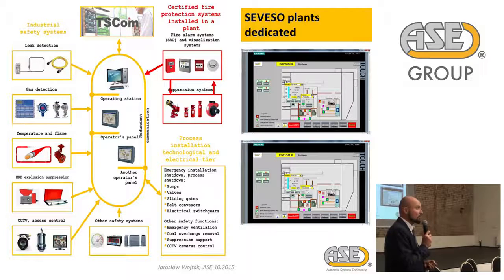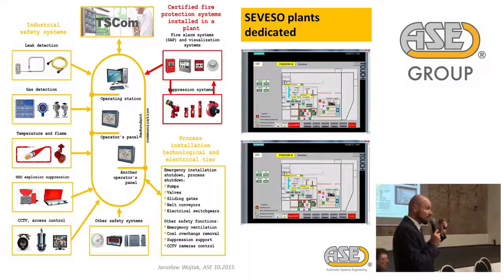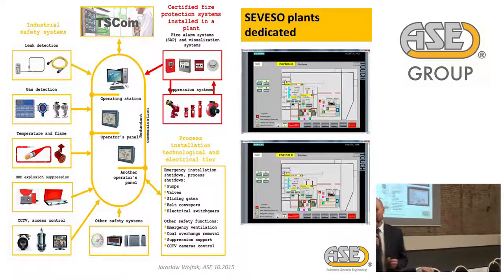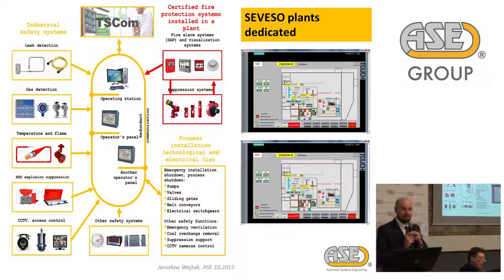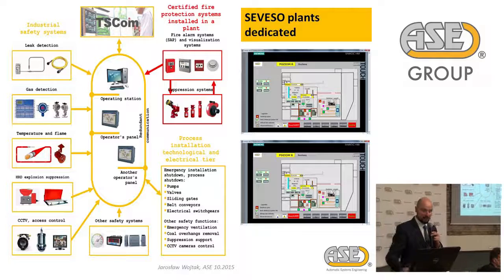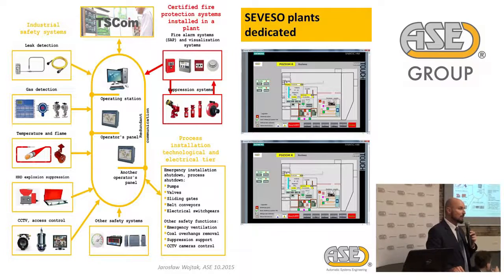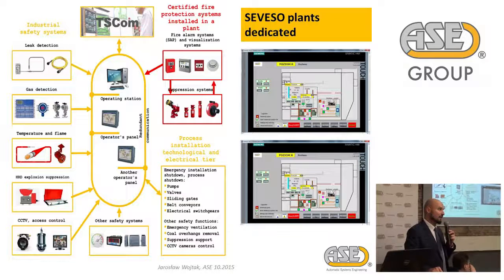Everything included in your thinking about safety on your plant, you can put into one system and manage it from one point. And in a critical situation, when we have any damage or a serious situation on site, we can manage firing brigades, the opening of the gates, all the safety actions from this software.